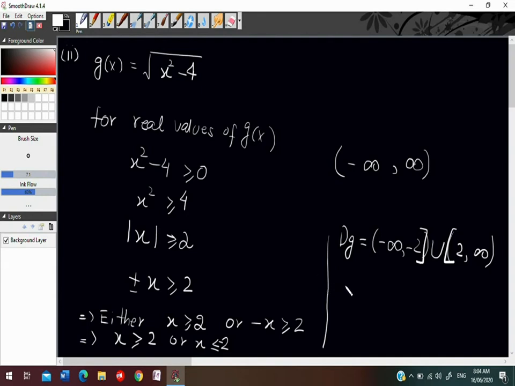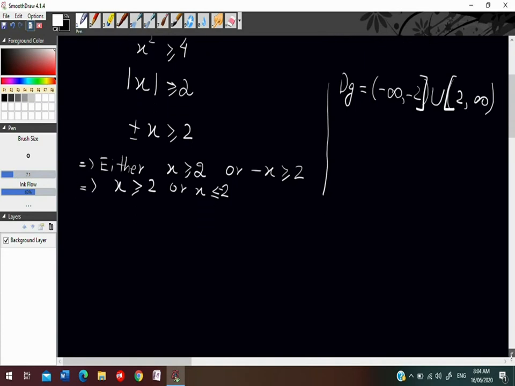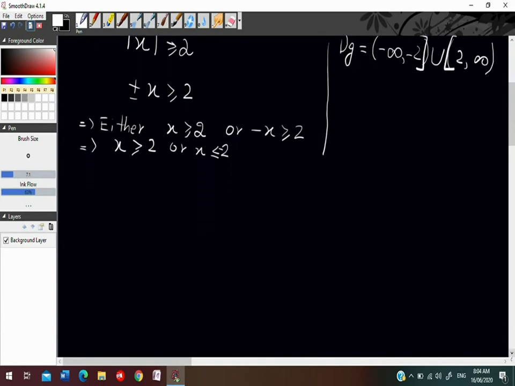And again, for the range of our function, range of g, we just put x equals plus minus 2 in g of x.